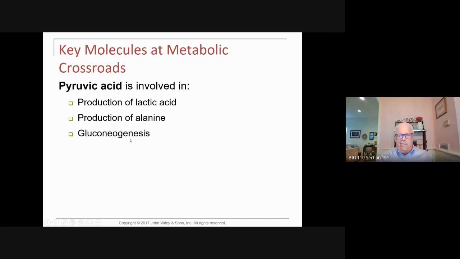Gluconeogenesis breaks down amino acids and lipids into glucose, not carbohydrate metabolism. Gluconeogenesis means that you're getting glucose from non-carbohydrate substances, and those two are amino acids and lipids.